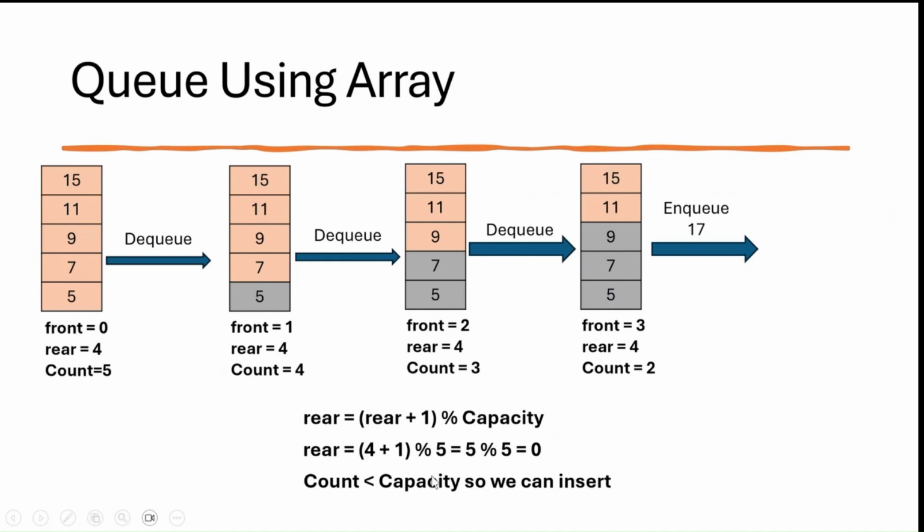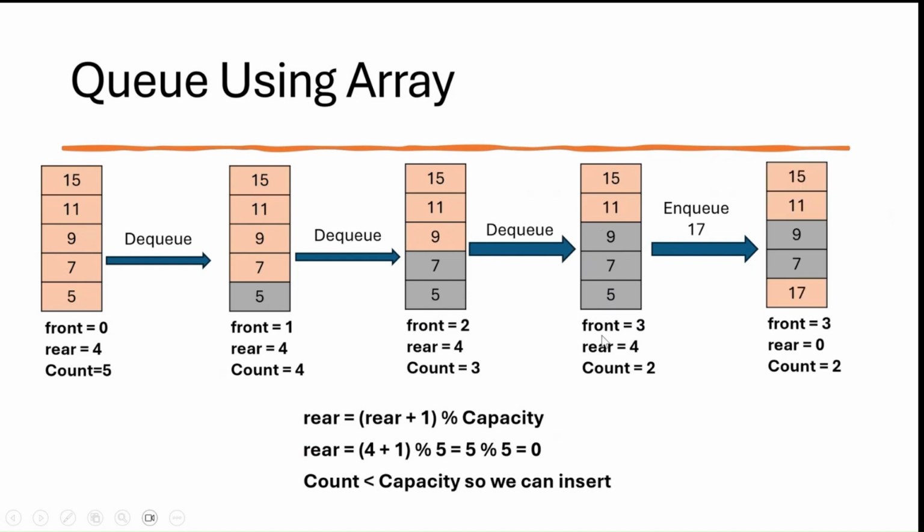Count is less than capacity, since only 2 elements are there, so we still have free space to insert. So it will insert 17 at the new rear position 0. This is how the free space is utilized, and rear came from the end to the beginning to utilize that free space.